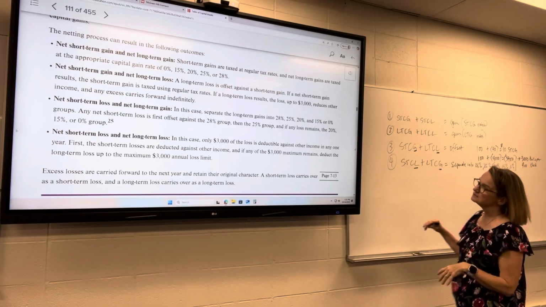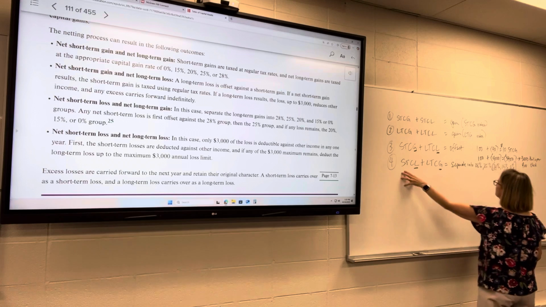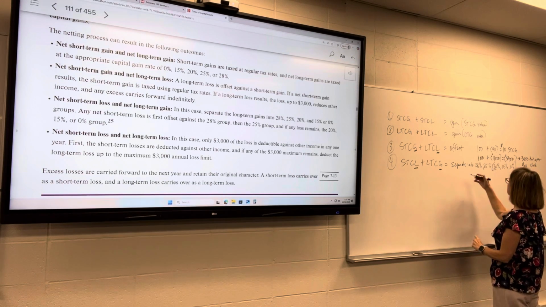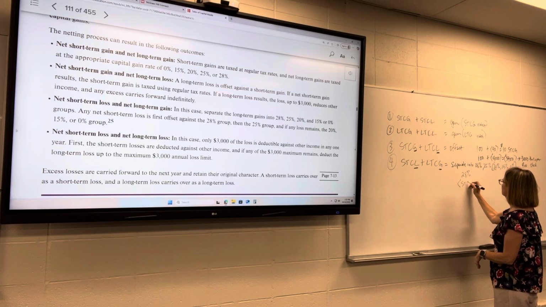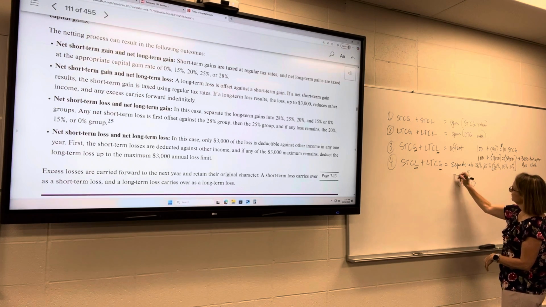Again, we're going to apply any of our short-term losses. Short-term losses, we're going to apply first, separate these, and then apply them against the gains, minus our short-term capital loss. So that'll be our first step.